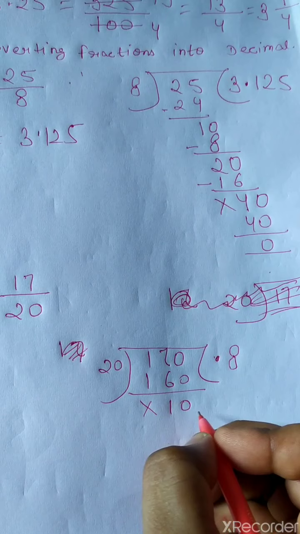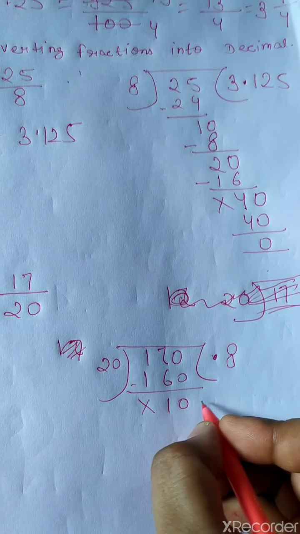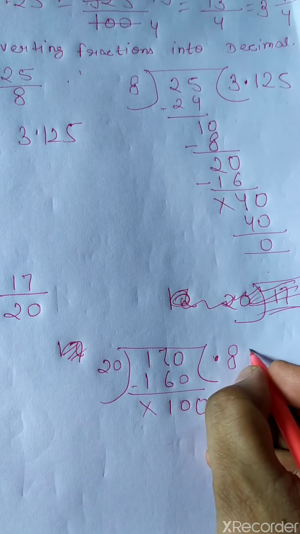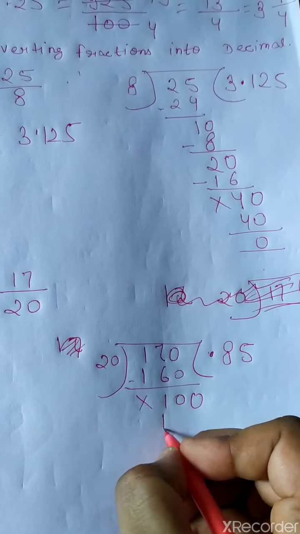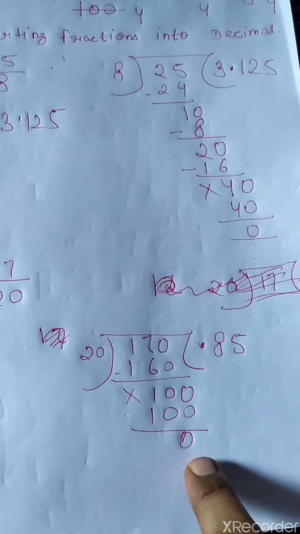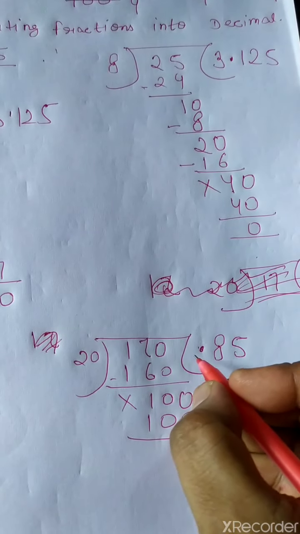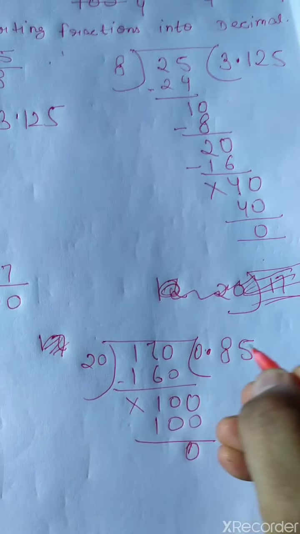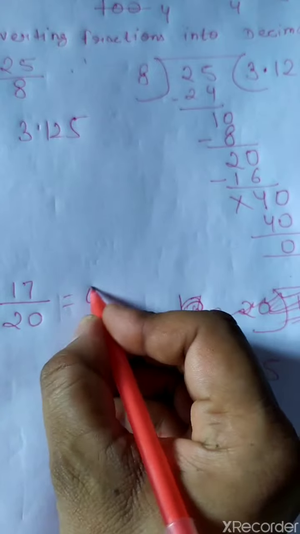After subtracting, 10 is coming, then 1 0 again it will give, and 20 into 5 times 100. Then after that the remainder is 0 only. This you can write as 0.85. So the number is 0.85.